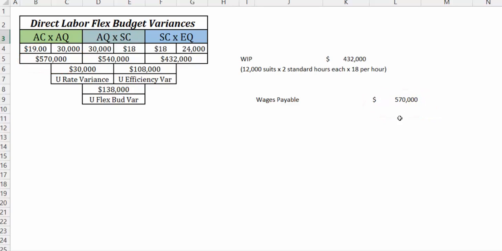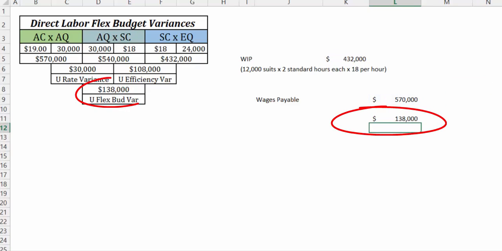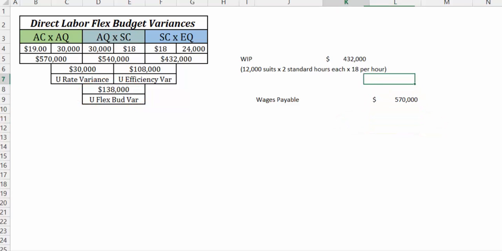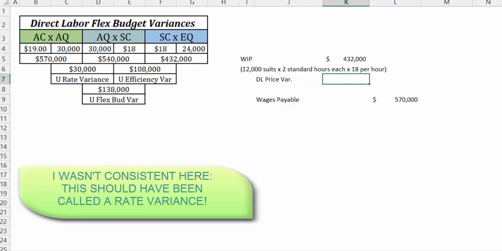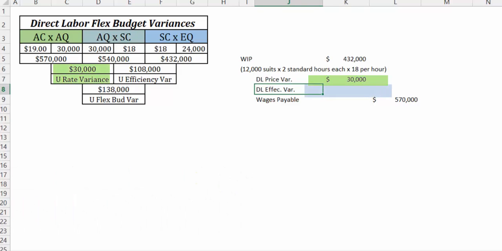We're out of balance by $138,000, right? We already see that on the left. But we can't just put this into one variance, we need to put it into two. So we're going to debit the direct labor price variance for $30,000 and the direct labor efficiency variance for $108,000. And now we're in balance.